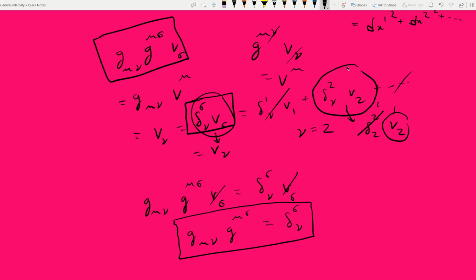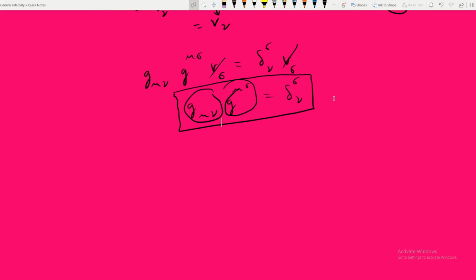Now what does this equation tell us? Well, it tells us that g mu nu is just the inverse of g upper index mu sigma, right? That's why we have the Kronecker delta of nu sigma, right? So why is that?